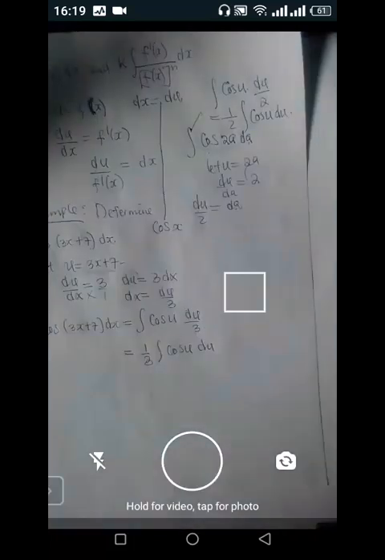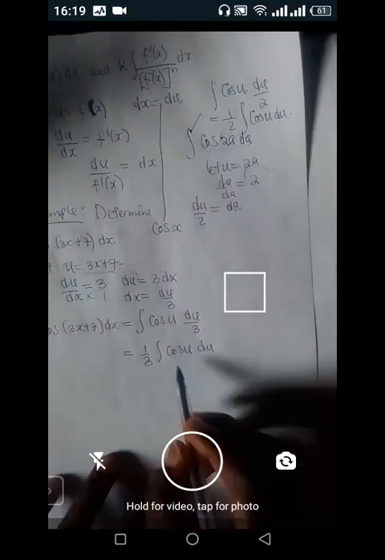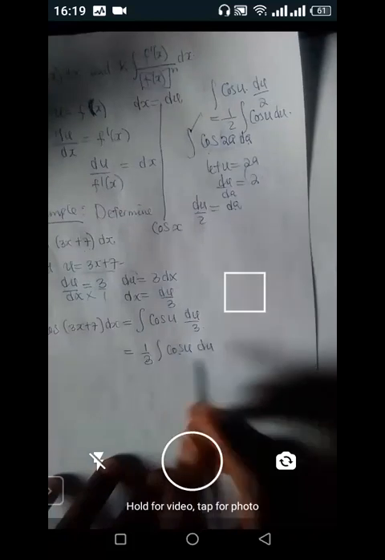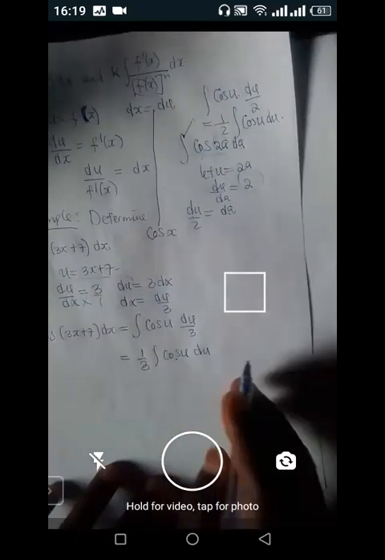We know what you get when you integrate this, because when you differentiate sine x, you get cos x, and d dx of cos x is equal to minus sine x.